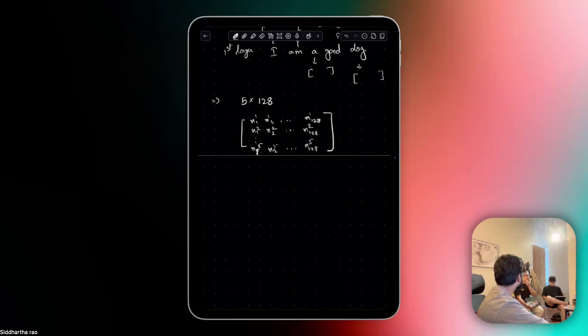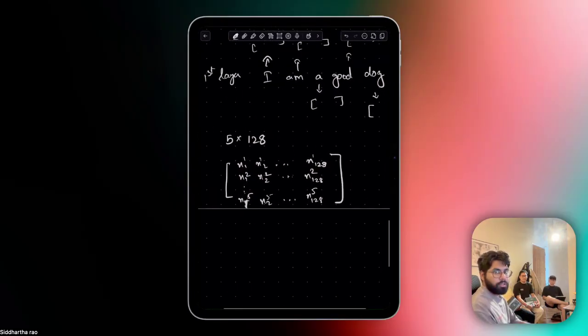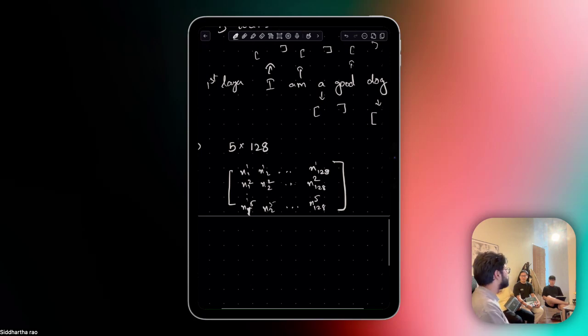I have a question about why different models use different tokenizers. Why not use one standard tokenizer?